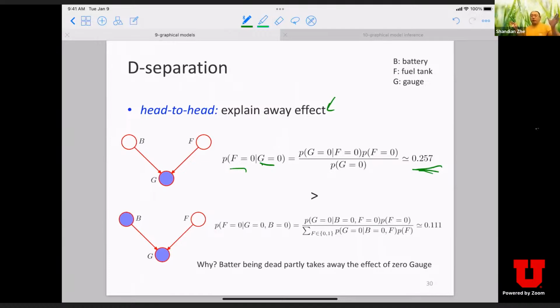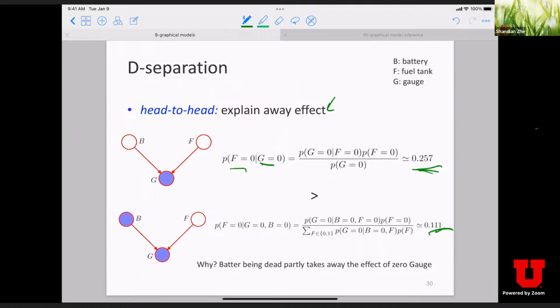Then we can compute, conditioned on these two results, what is the probability my fuel tank is empty? When I apply the Bayes rule, we find that the conditional probability of an empty fuel tank given 0 gauge reading and dead battery now becomes 0.111.